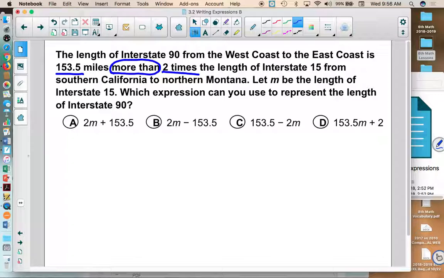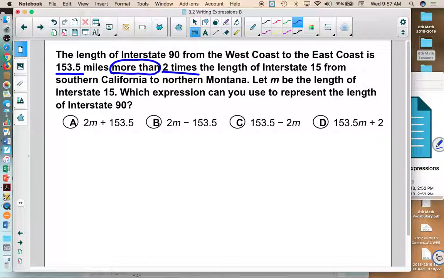Let M be the length of the Interstate 15. Which expression can you use to represent the length of Interstate 90? Okay? Well, I look at it and I write my own statement, because sometimes the statements they use are similar to mine, but it may be written a little bit different, and that helps me to see it.